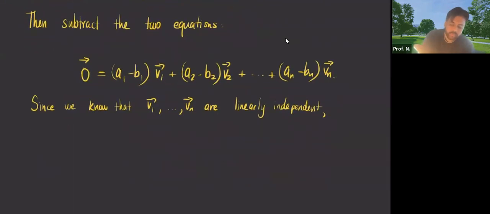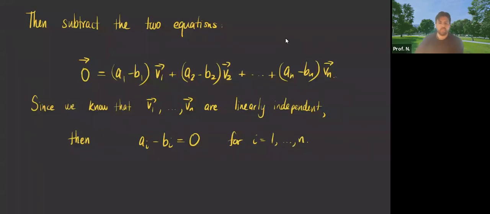Isn't that true? Then it's not that A comma B is equal to zero. It's that Ai minus Bi equals zero for i from 1 through n. Does everybody see that?